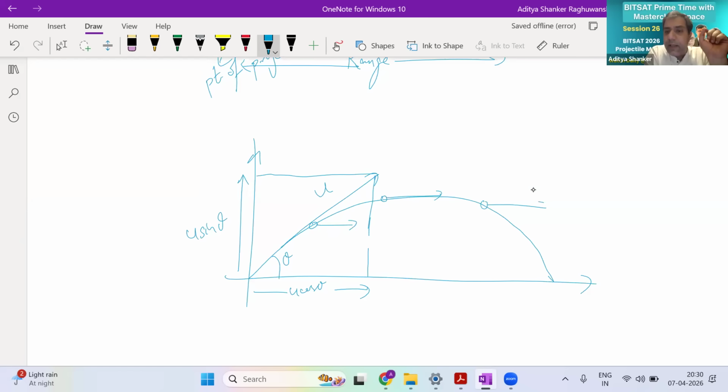That means it will remain u cos theta always. Throughout the motion, u cos theta will remain the same. But u sin theta will keep on changing because acceleration due to gravity is acting in the vertical direction. Because of the sign convention, we generally consider upward direction to be positive and downward direction negative. We can consider downward to be positive and upward negative also. It's up to you what you want to consider.